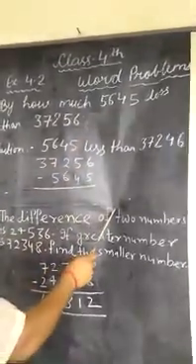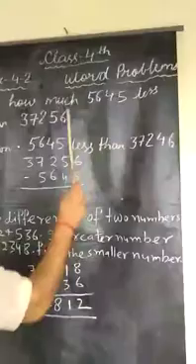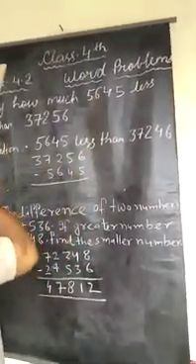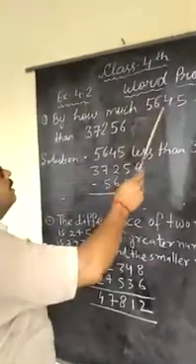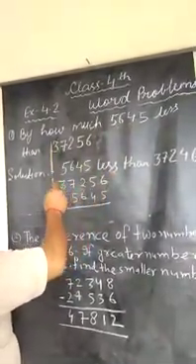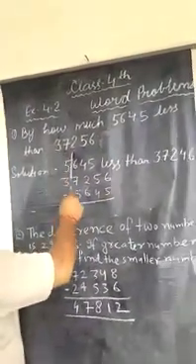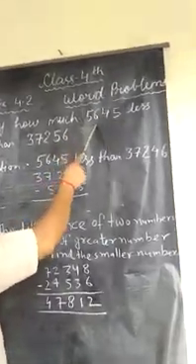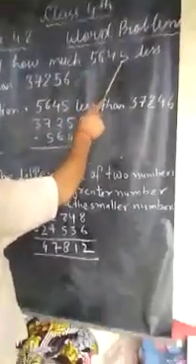Here, first we need to know what less means. Less means this number, 37,256, is how much less than 5,645.